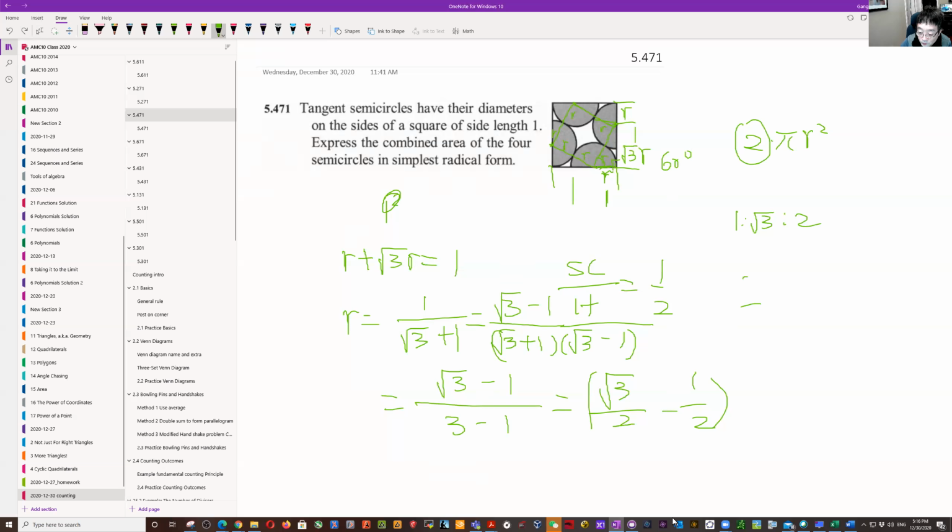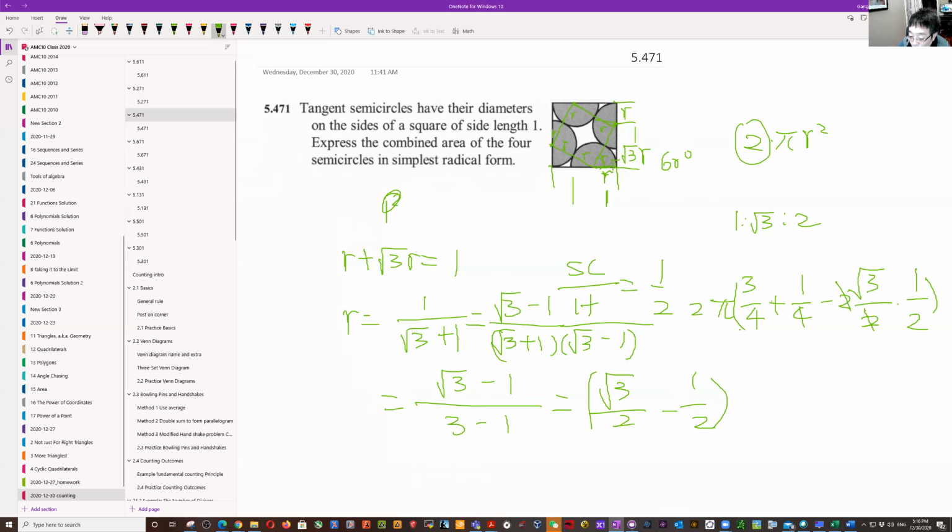It's going to be 3/4 plus 1/4 minus 2 times square root of 3 over 2 multiply 1 over 2. And we cancel out this. And this is r squared and pi, in the parentheses, and also has a 2 outside.